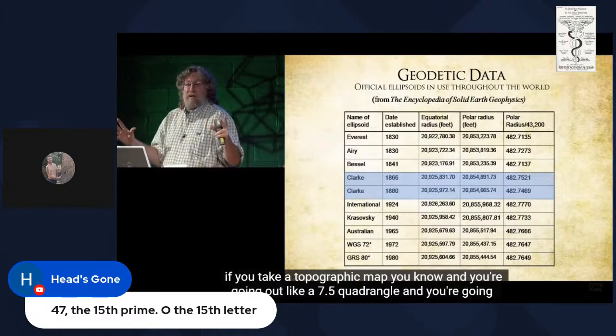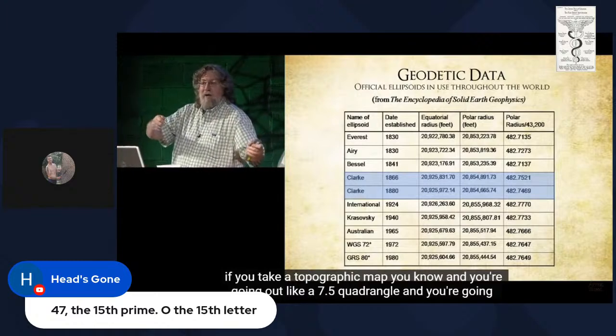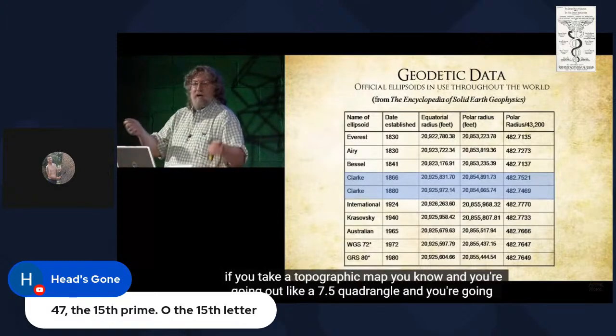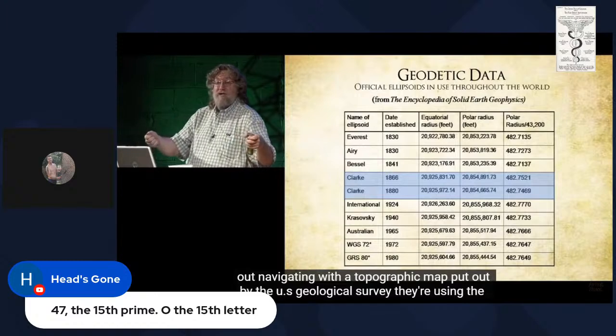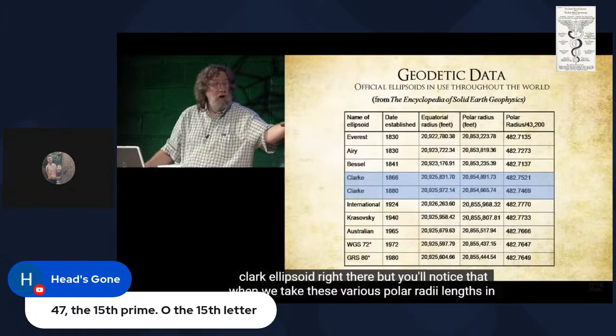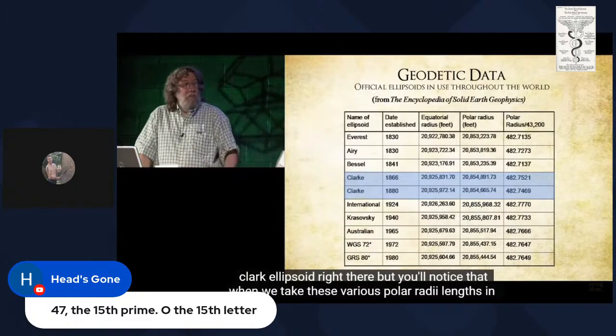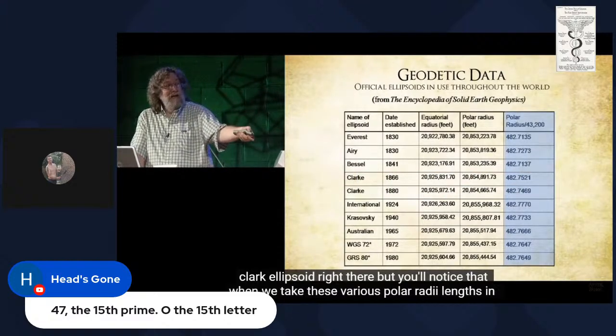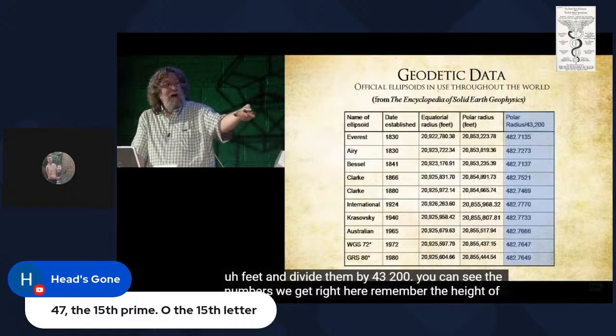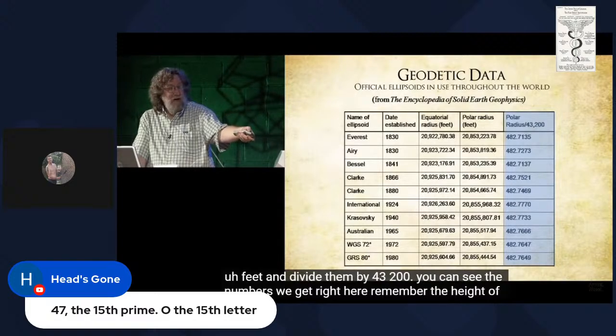If you take a topographic map, and you're going out navigating with a 7.5 quadrangle put out by the U.S. Geological Survey, they're using the Clark ellipsoid right there. But you'll notice that when we take these various polar radii lengths in feet and divide them by 43,200, you can see the numbers we get right here.